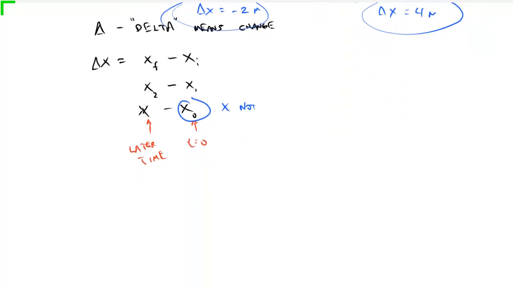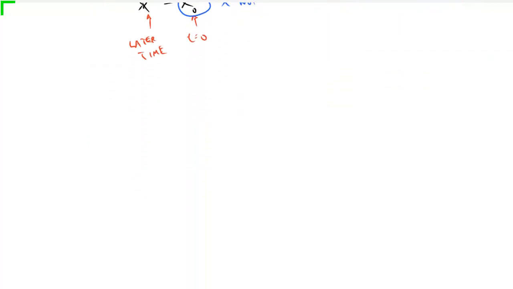Some other notation, as I introduce velocity and acceleration and things like that, we'll continue to use this algebraic notation. So we'll use a v for velocity, and so we have things like v initial is the same thing as v naught.